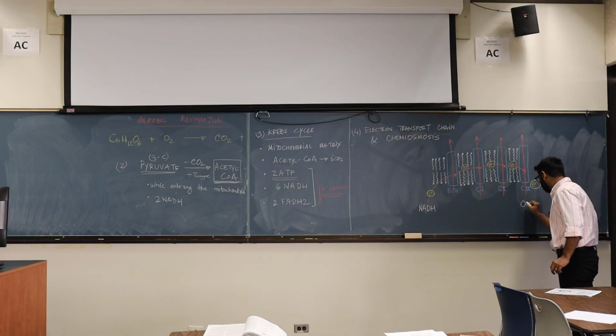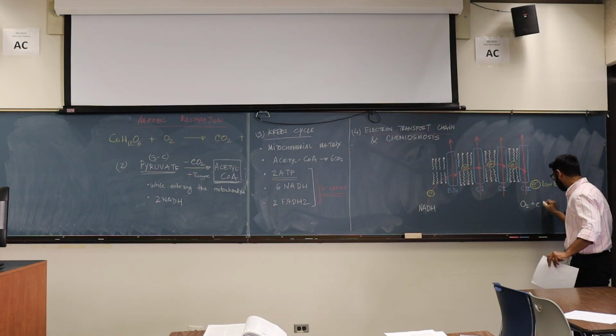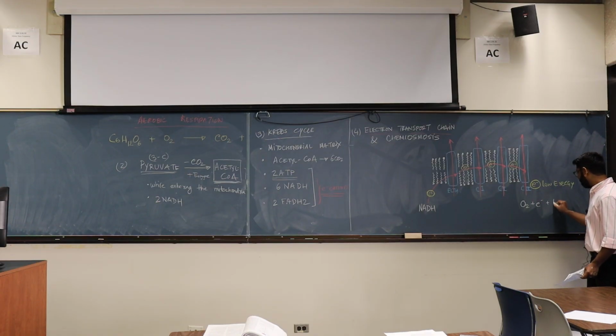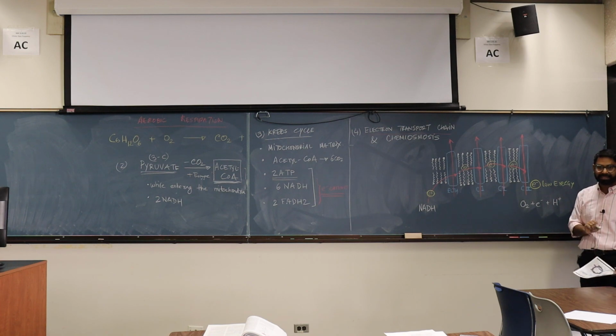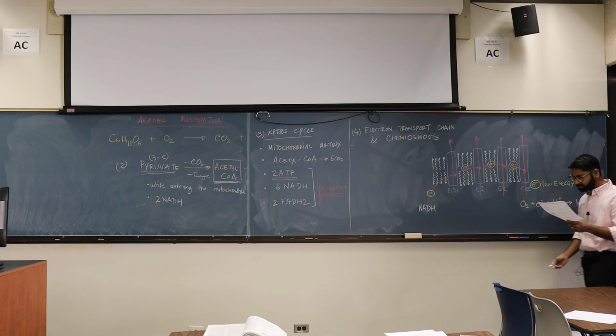So what will oxygen do? Oxygen will take the electron and it will take some of the H plus that is present here and get converted into what? It will produce water. You can balance this.